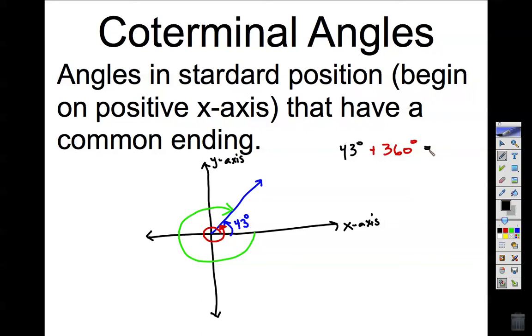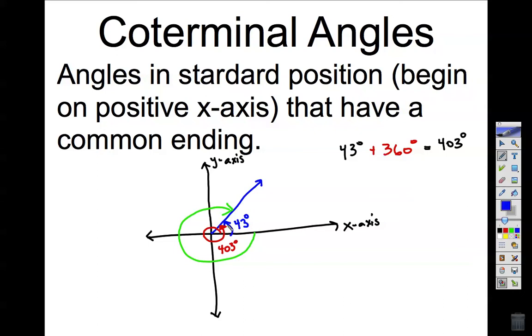So that makes this red coterminal angle 403 degrees. So this is a 403 degree angle here in red. Right, because it's 360 from x-axis to x-axis plus the 43, which is 403.